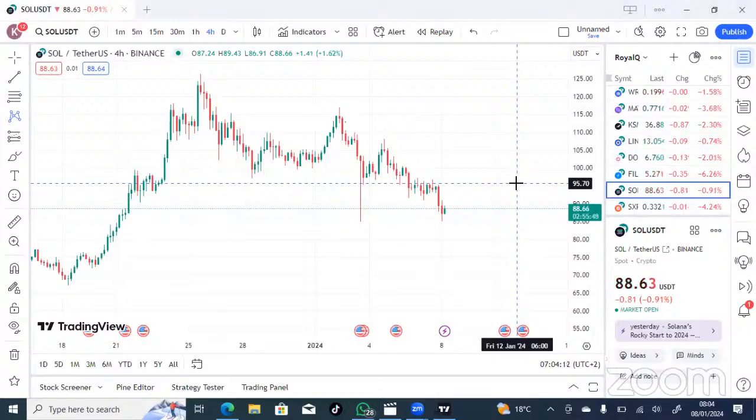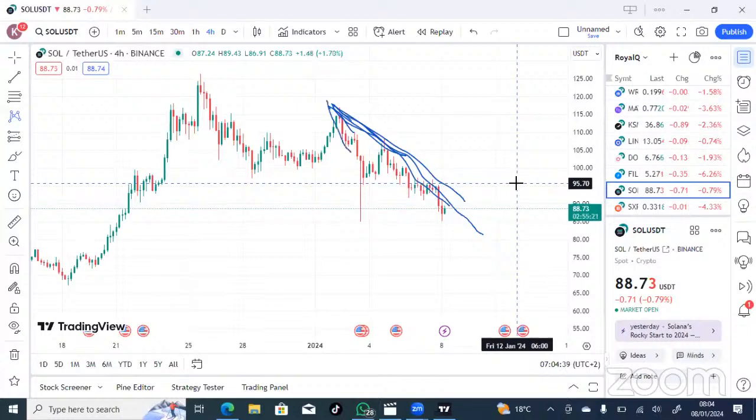When you draw a line, which I'm not going to draw because you have not yet got a proper introduction, if you draw a straight line above these highs, you'll discover that the market has been forming a trend that although it has been going down, it has not been going down in a straight line.